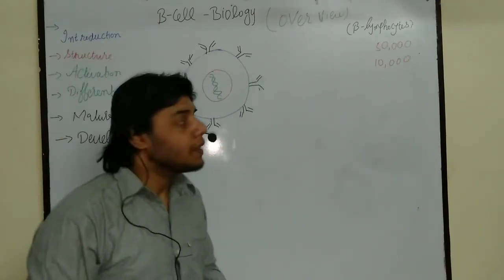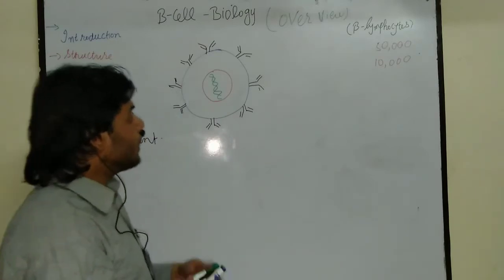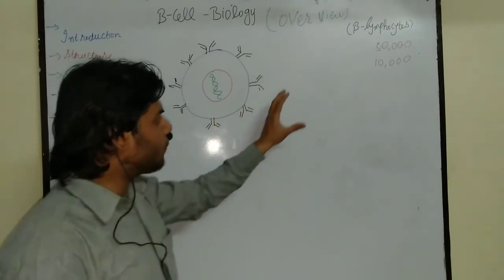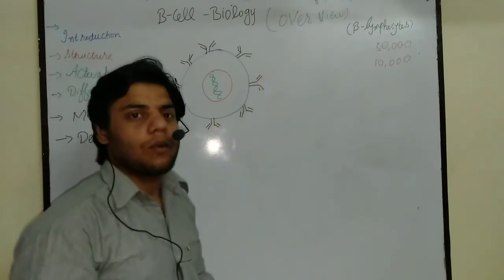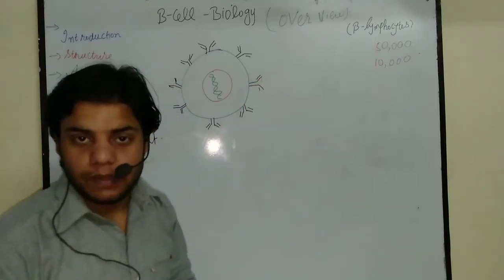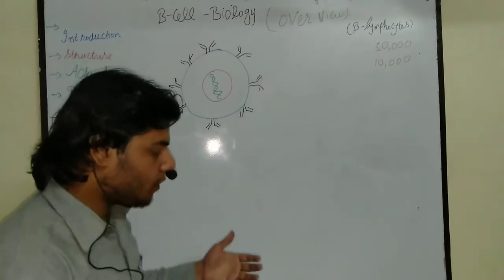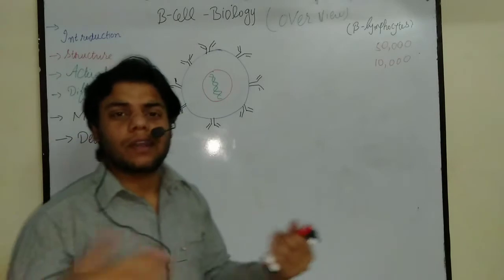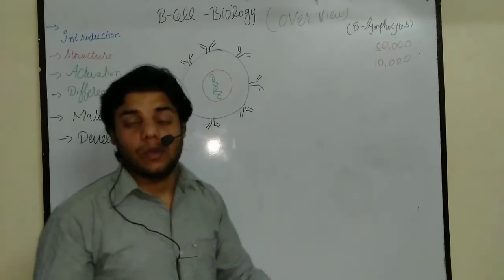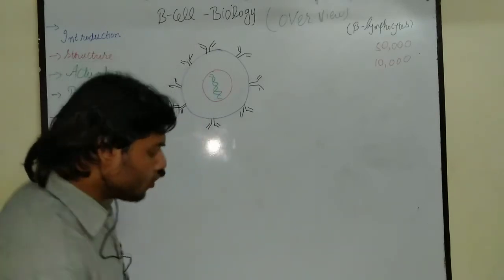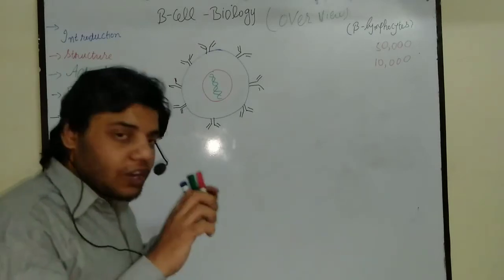variation combinations. What does it mean? It means that we have different types of microbes, like viruses, fungi, and different types of bacteria, having different types of epitopes.